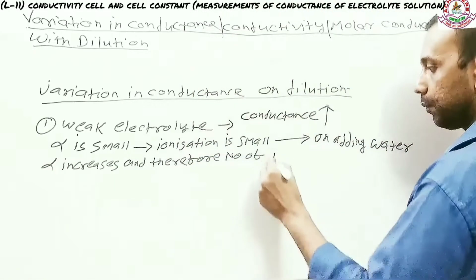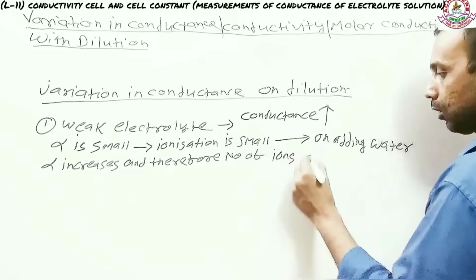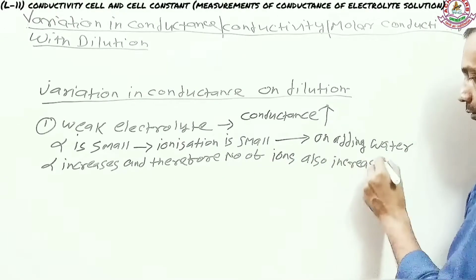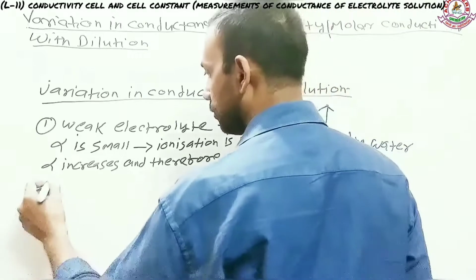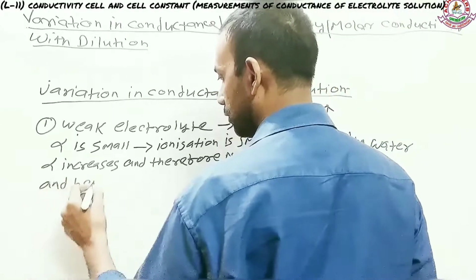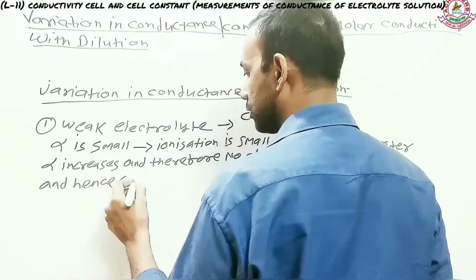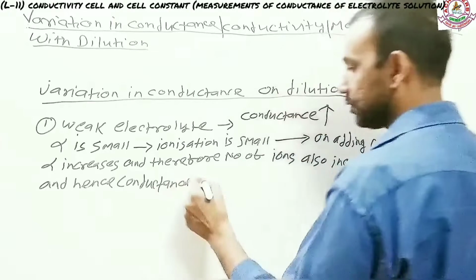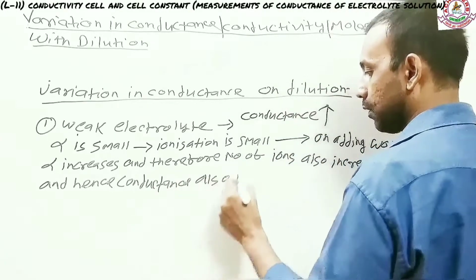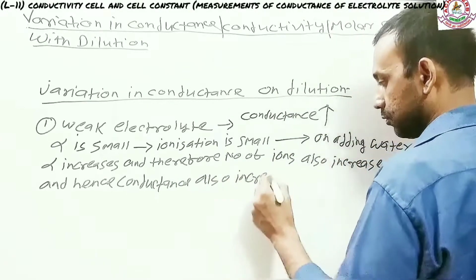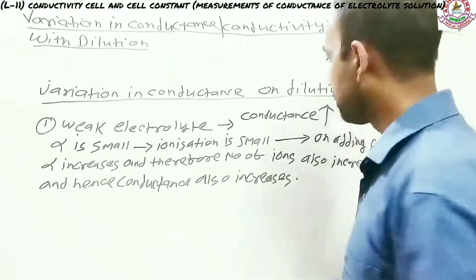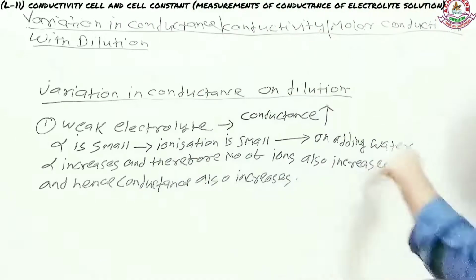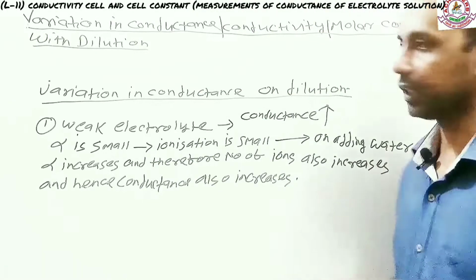Therefore, number of ions also increases, and hence conductance also increases. I need to explain this, though it's a very simple line here. In case you need to take a look at that, you can also make it later.